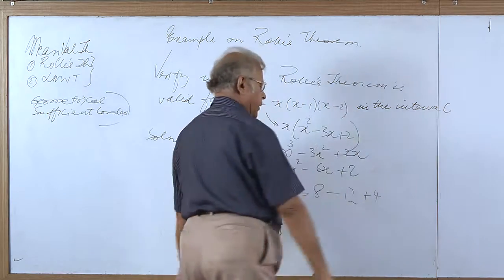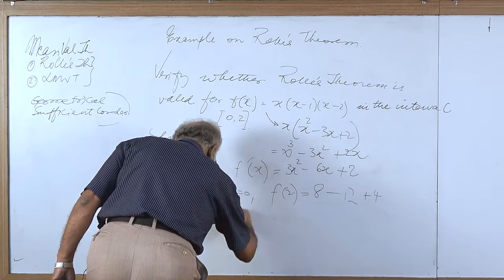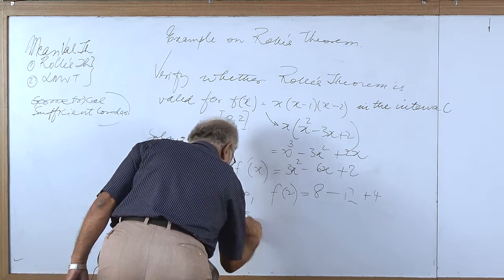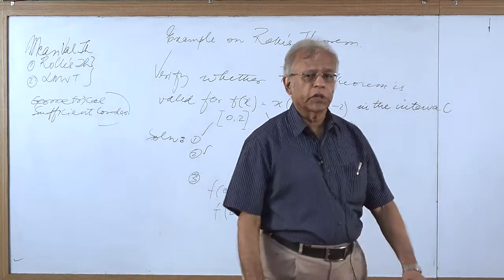So 8 plus 4 is 12, minus 12 is 0. So f(2) is also 0. So there we are, we've seen that all the conditions of Rolle's theorem are satisfied.